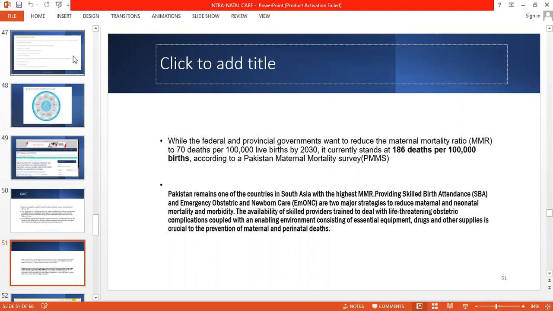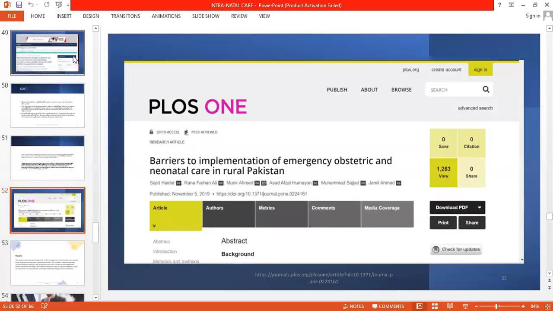The availability of skilled providers trained to deal with life-threatening obstetric complications, coupled with an enabling environment consisting of essential equipment, drugs and other supplies, is crucial to the prevention of maternal and perinatal deaths.